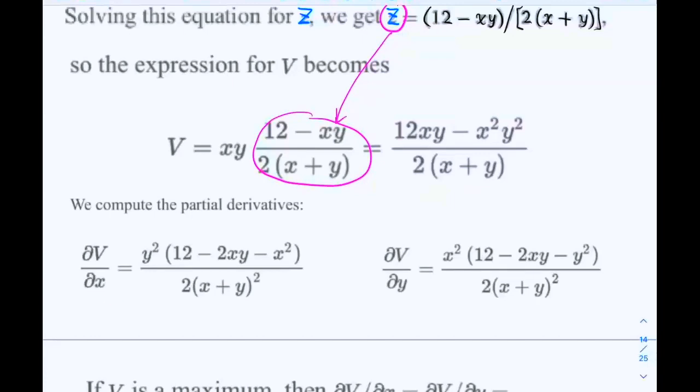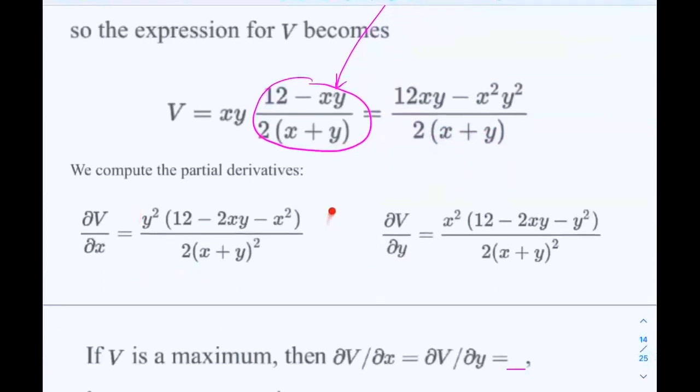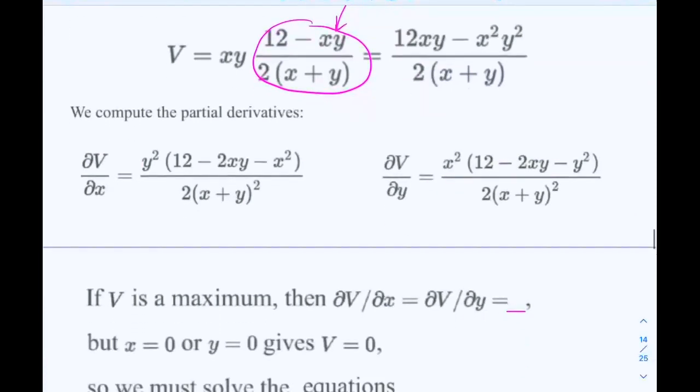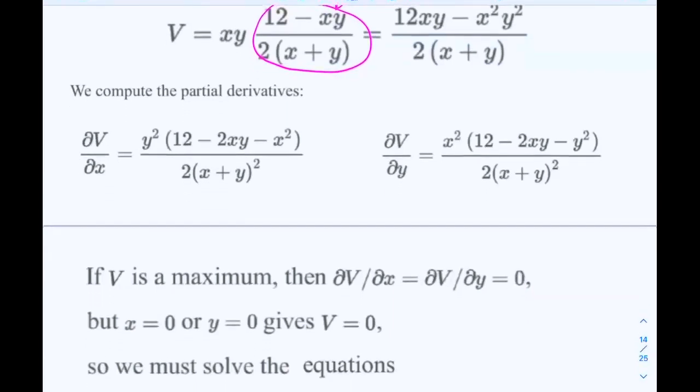Now, for this, we need to find critical points. So we take the partial derivative with respect to x and the partial derivative with respect to y. You can verify whether this is correct or not, but it is correct. How do you find a critical point? Set the partial derivative equal to 0. So we set this one equal to 0.